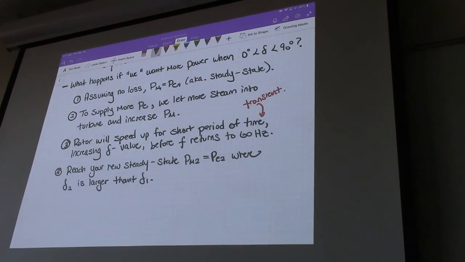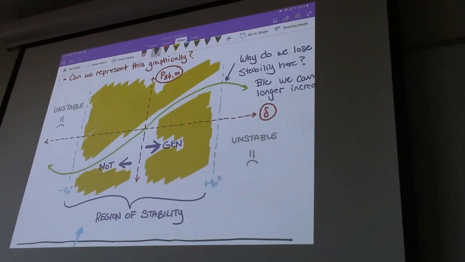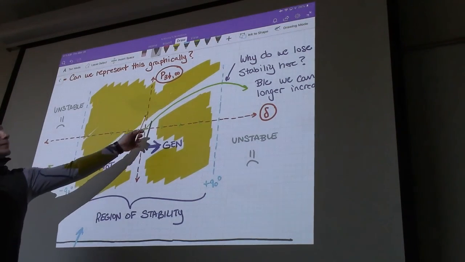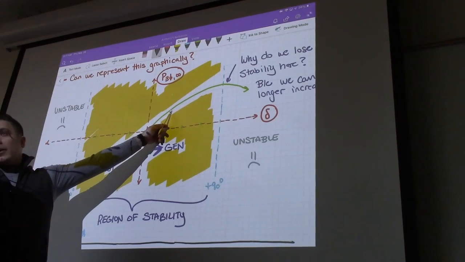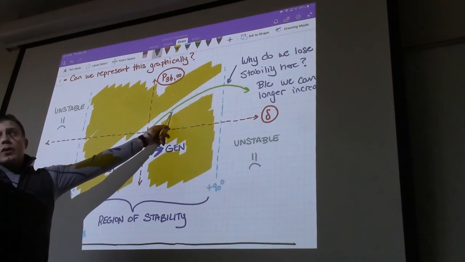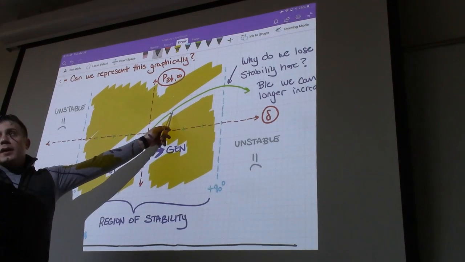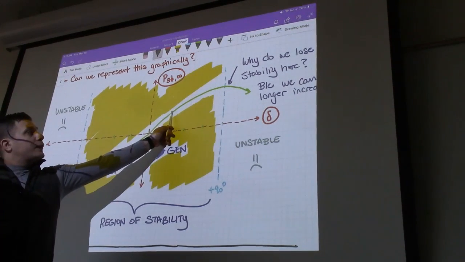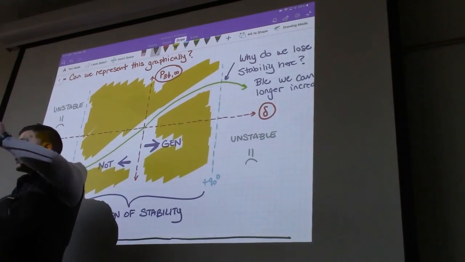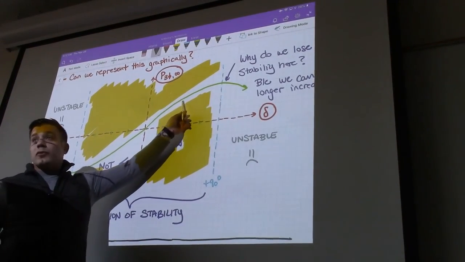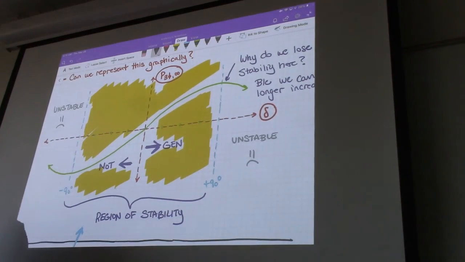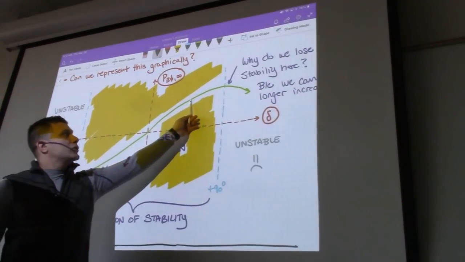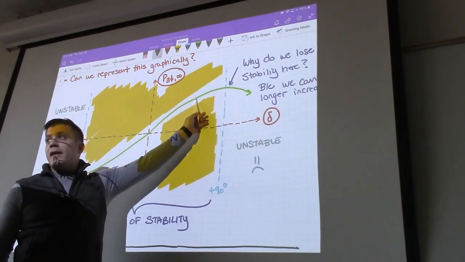So now, if we take a look at what actually happens when we increase the throttle, you can see why the delta value is changing. Because you're here, you want to get more power out of the machine, so you increase the throttle, which will cause the frequency to speed up, which will then, for every instant that it's faster than 60 hertz, the delta will begin to move, because the delta is essentially directly dependent on that. So it'll move until you reach your new steady state, then it'll return to 60 hertz, and then it'll stop.